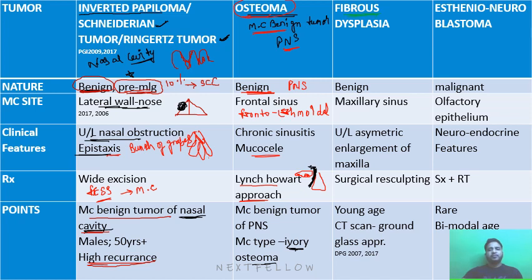Now, what is fibrous dysplasia? The name itself suggests there is overgrowth of fibrous tissue.